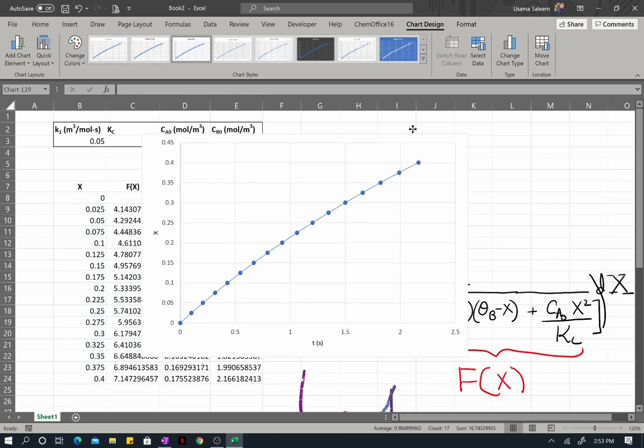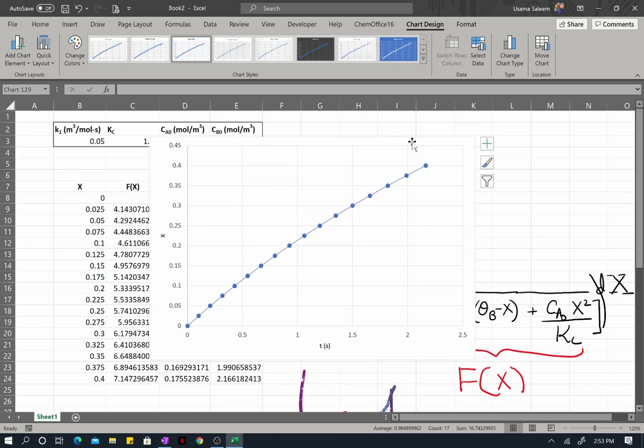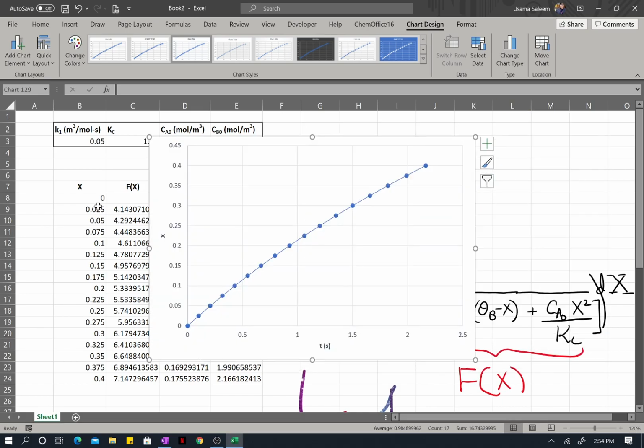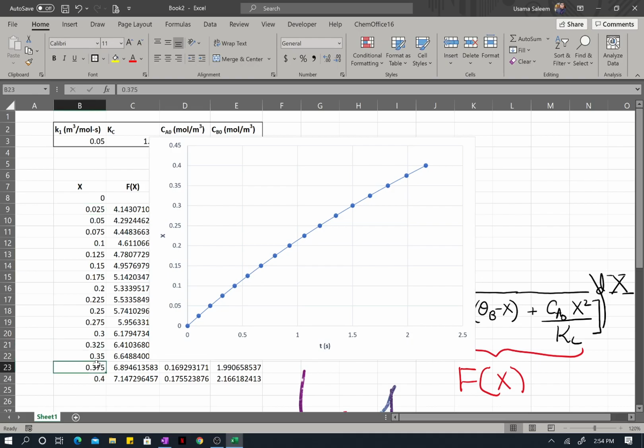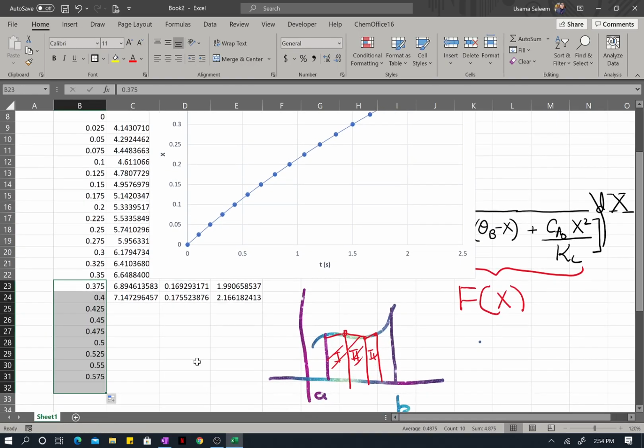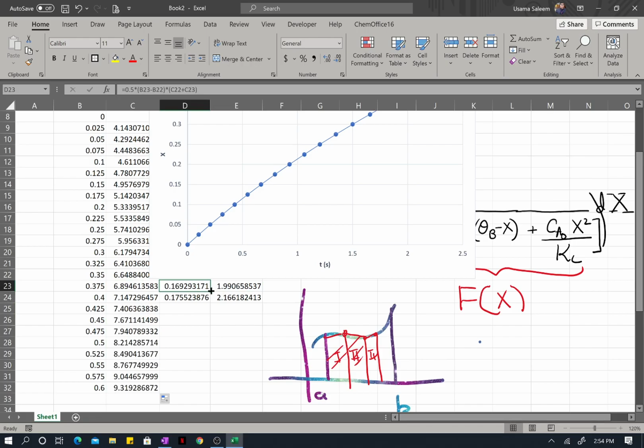So essentially now we know this graph is gonna give a horizontal asymptote at the equilibrium conversion. So if you want to do that, you can just drag this down, drag everything down, and let's see what happens. Hopefully this is not gonna be too chaotic.